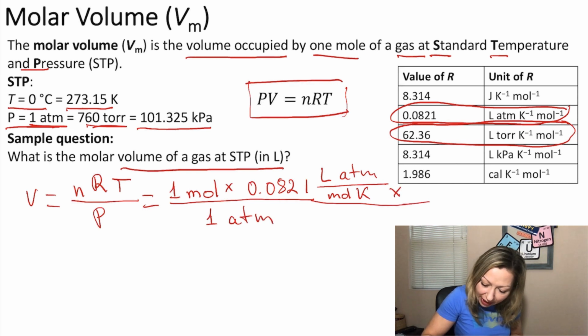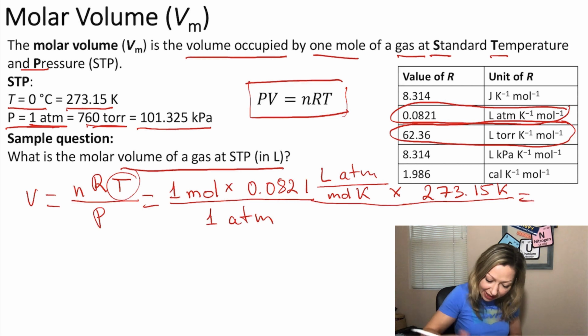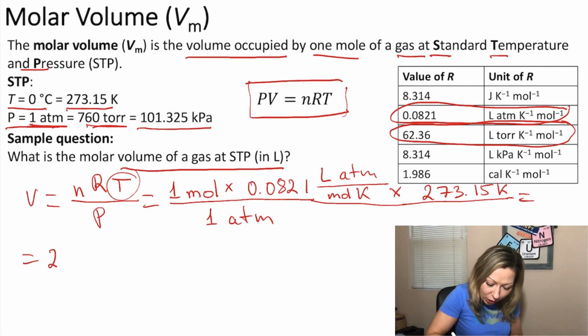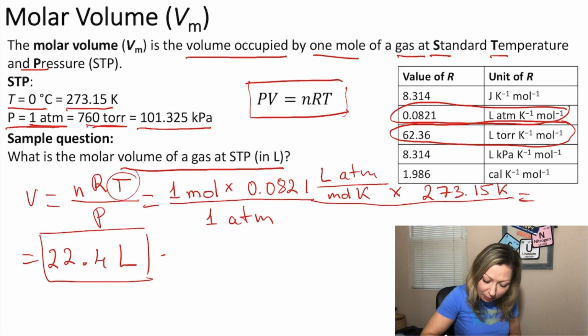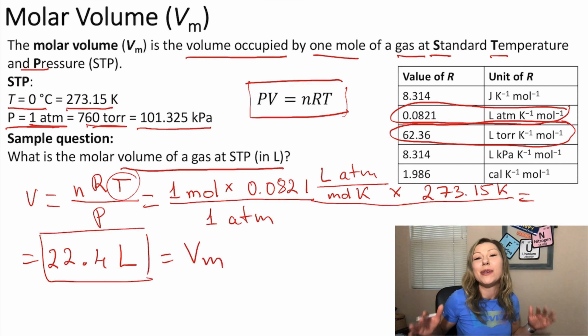And don't forget about the temperature T. So it is 273.15 Kelvin at STP. And if you do this calculation, you are going to get 22.4 liters. And that is actually the molar volume of an ideal gas at standard temperature and pressure.